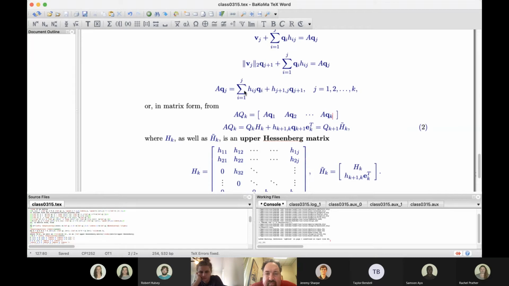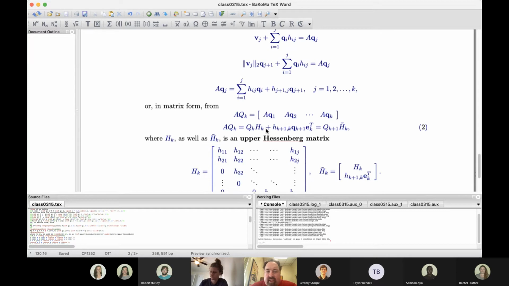So, in other words, this is basically a matrix vector product where I'm taking capital Q_k and multiplying that matrix by a column vector formed from the h's. So I put it all together and I have this matrix product. So these summations, if I write it out for j going from 1, 2 up to k, can be expressed this way.